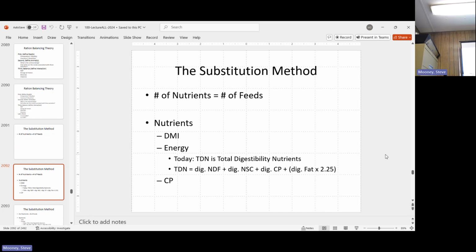We have, but there's 2 1/4 times the calories in fat as there are in those other fractions. So that's why we multiply it by 2 1/4. Remember 9, 4, 4? Those ratios. And the last nutrient we'll deal with is crude protein.